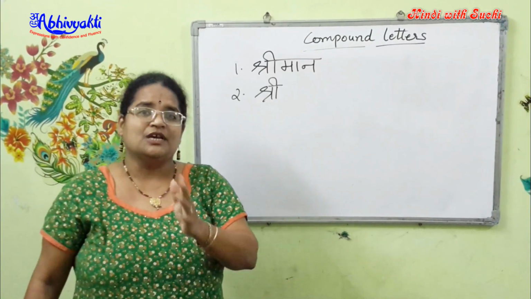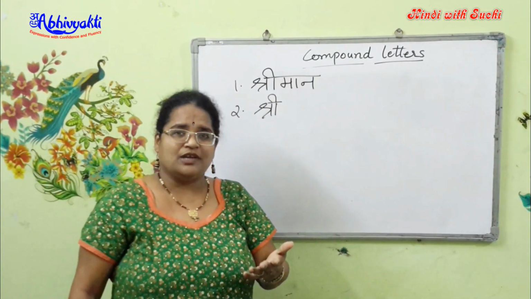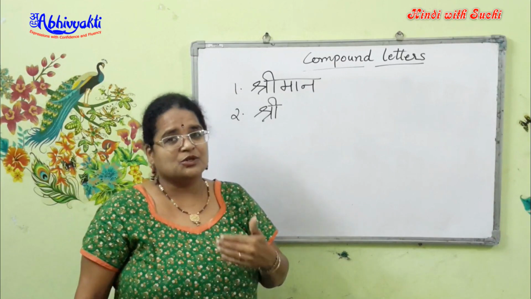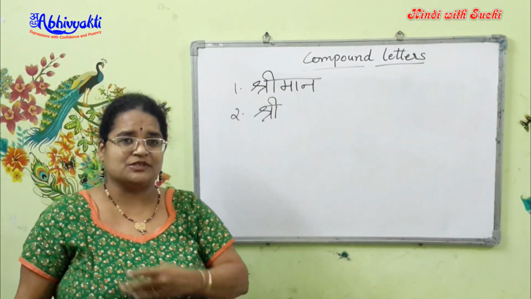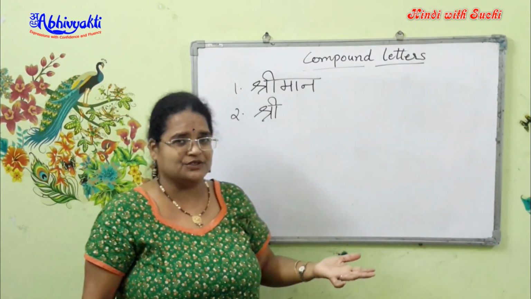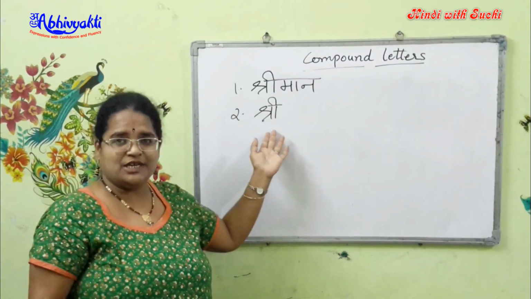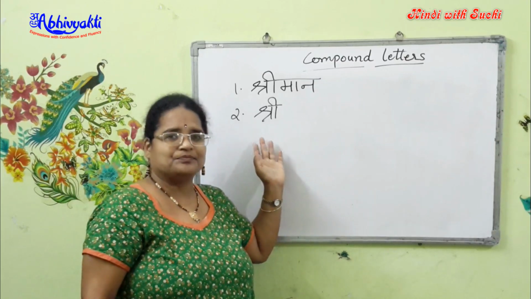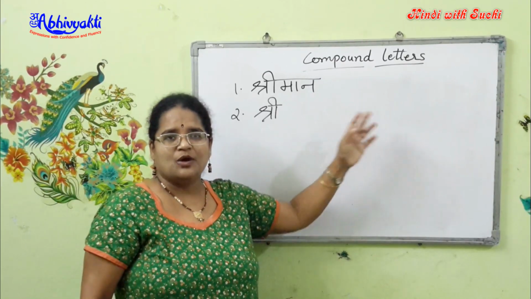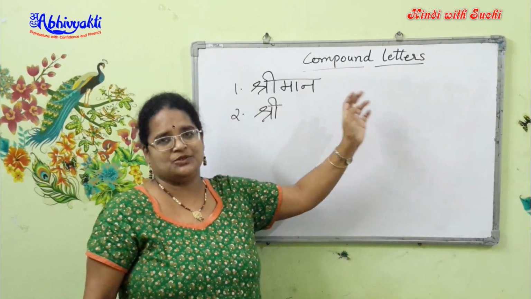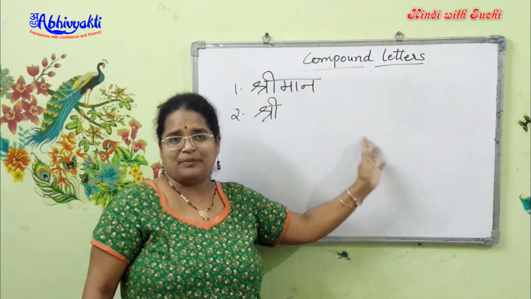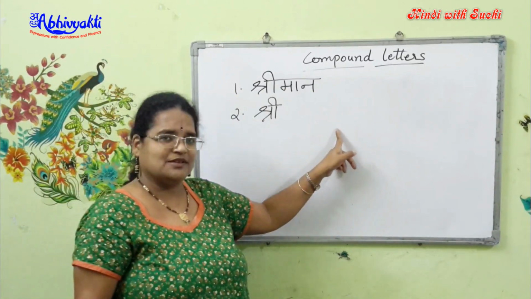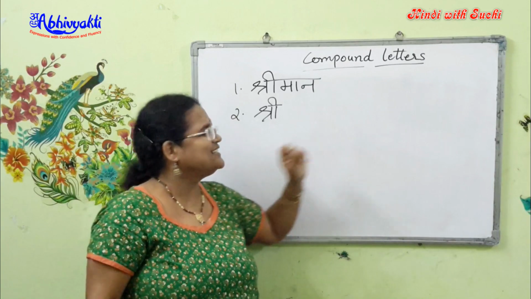Only then you use Shri, as in when you're talking about the avatars of God, Shri Ram, Shri Krishna. So you use Shri before their names because they have given so much knowledge to everyone. Or you use Shri when you are inviting politicians or great authors, poets who have contributed a great deal to the society. Only then, to respect them, we use the word Shri before their names. Remember that. Otherwise, no Shri.